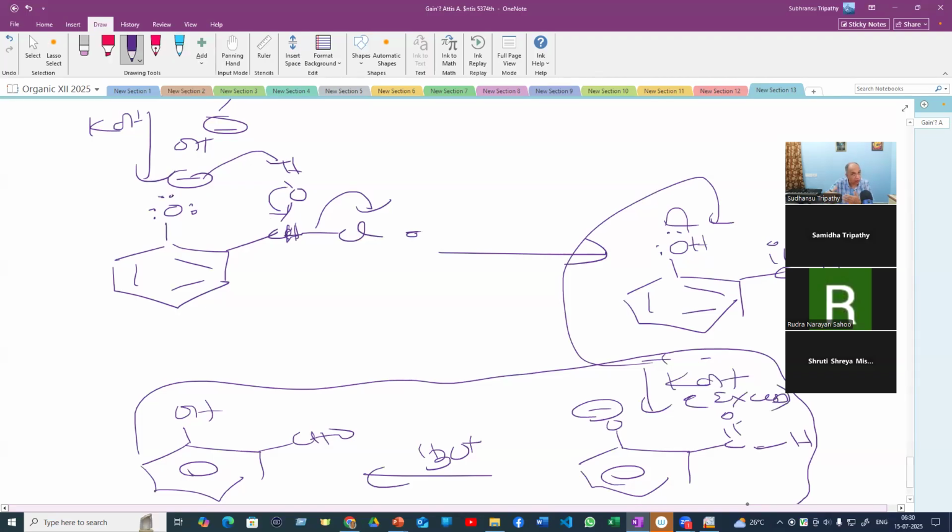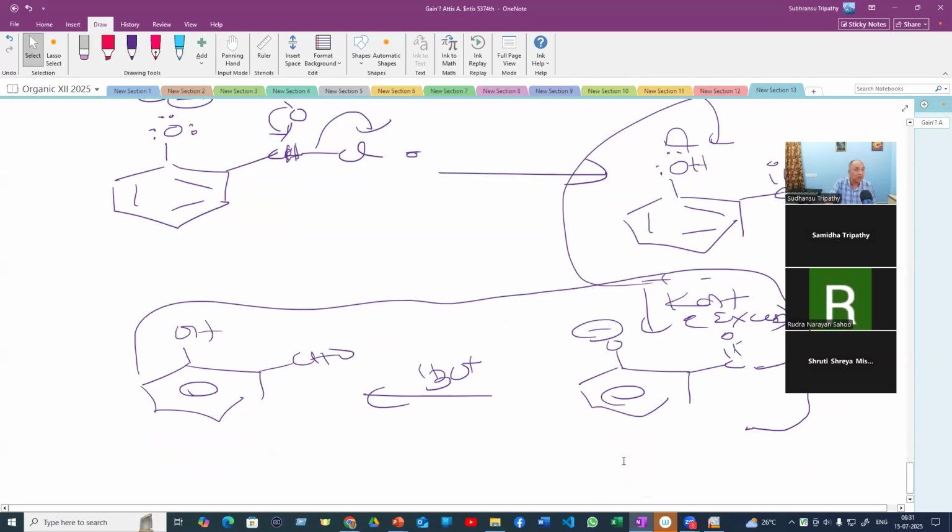Therefore, usually excess is taken. Minimum 1:3 is needed. So who bothers about calculating exactly 3 moles for 1 mole? Add excess of KOH. What will happen? It will remain in the salt form. And then ultimately you get back the normal neutral compound. So this is the beauty.